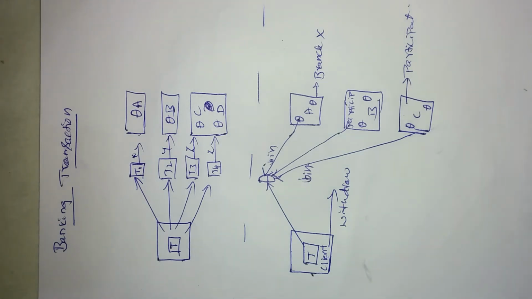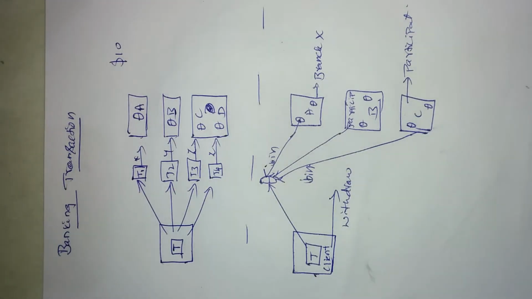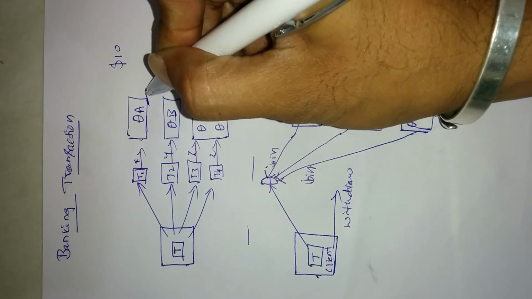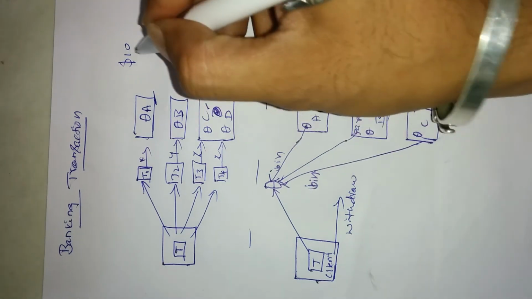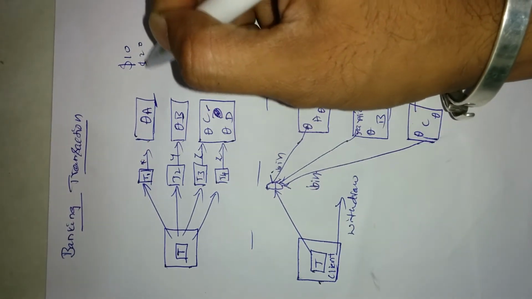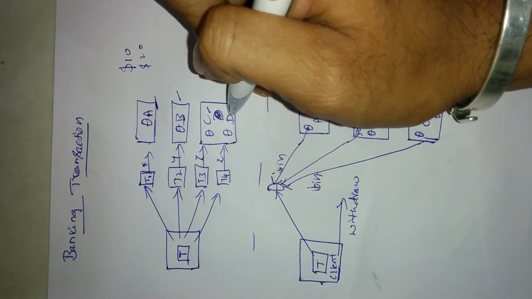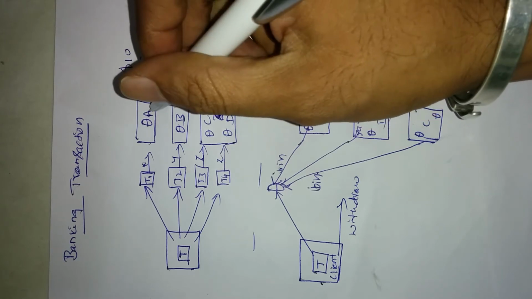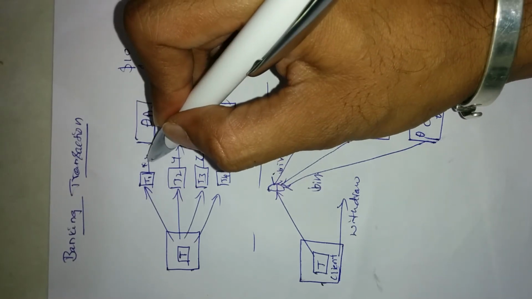Let us consider a distributed transaction in which the client should transfer rupees 10 from account A to account C, and transfer rupees 20 from account B to account D. Accounts A and B are at separate servers, that is, the X server and the Y server.